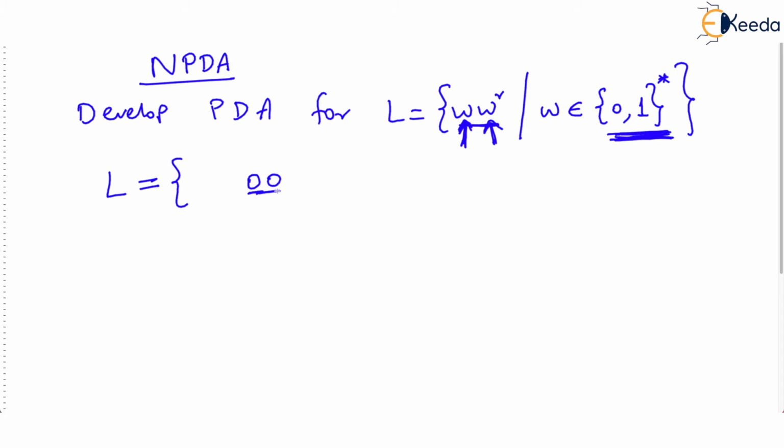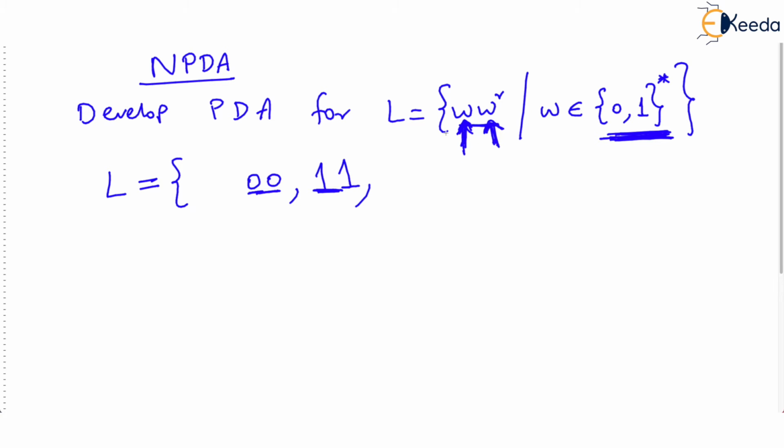This will be one word. Let's say we take W as 1. Then W raised to R will be the reverse of this word, that is 1.